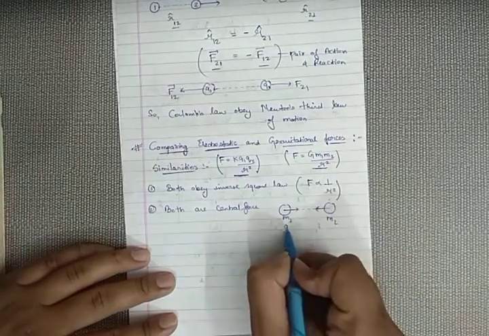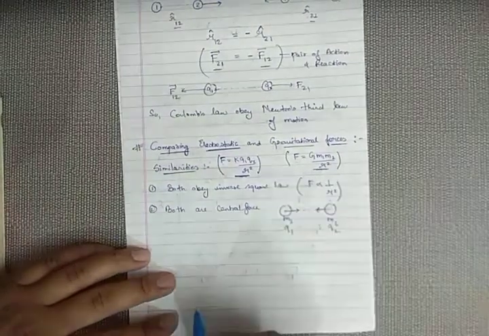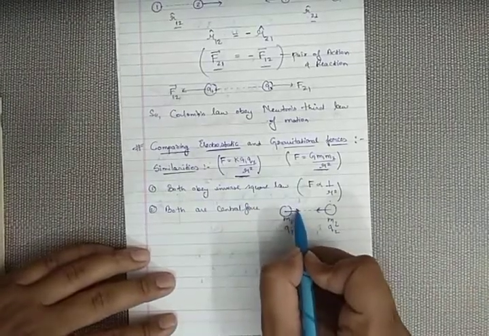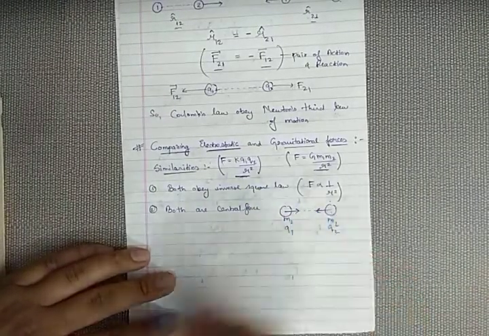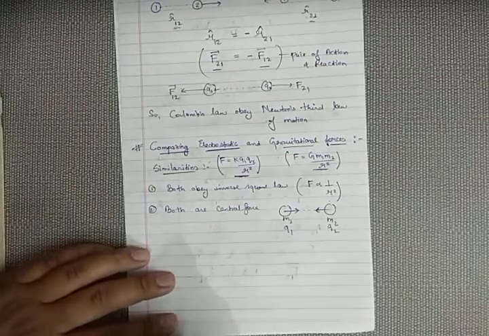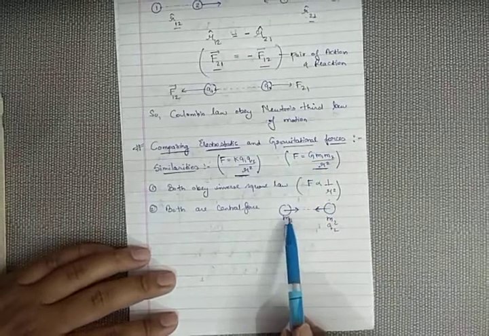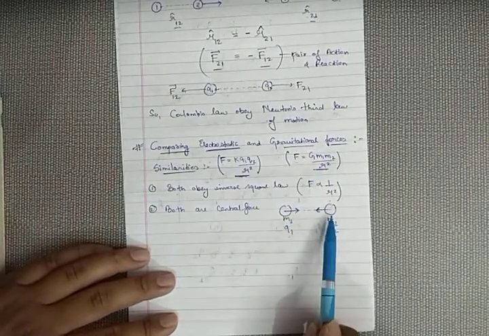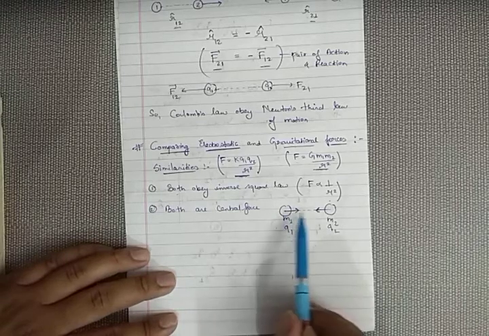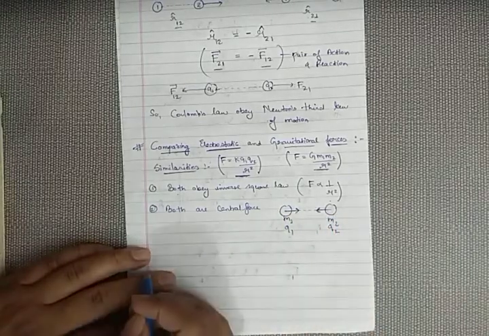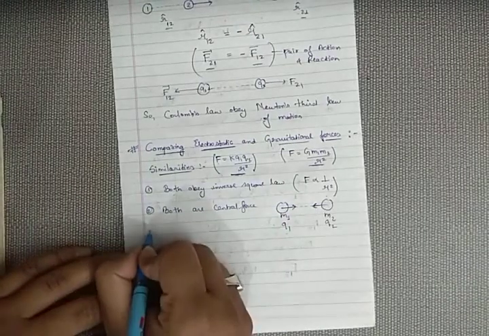And if this is charge q1 and charge q2, then the electrostatic force will also act along the line joining their centers. Means both forces always take place between a pair, either a pair of masses or a pair of charges, and they always act along the line joining their centers. So both are central forces.